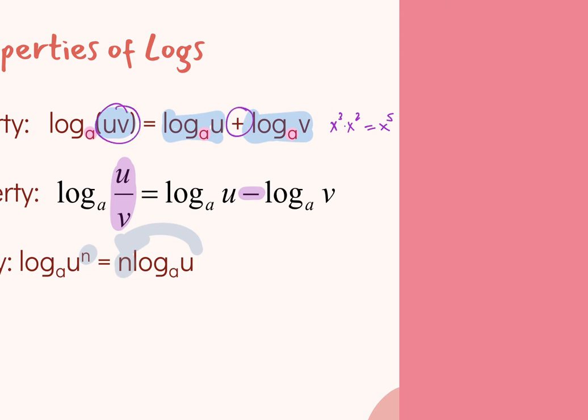When I divide, if I have x to the 5th over x to the 2nd, what do I do with those exponents? Subtract. So this would become x to the 3rd. Division becomes subtraction. And if I'm raising a power to a power, so let's say x to the 3rd raised to the 2nd, what do I do with the exponents? Multiply. So raising to a power becomes multiplication.